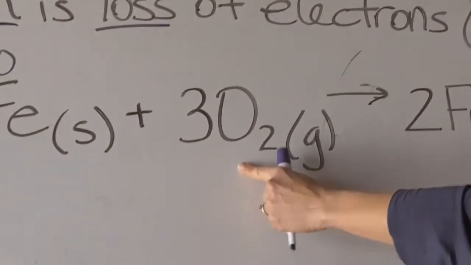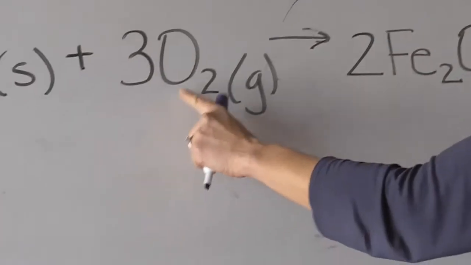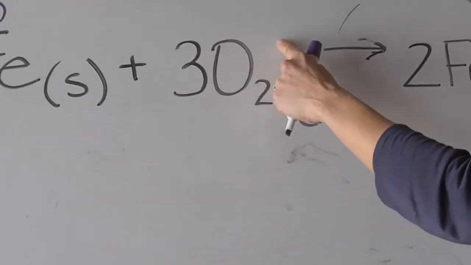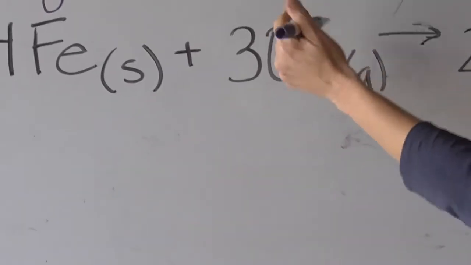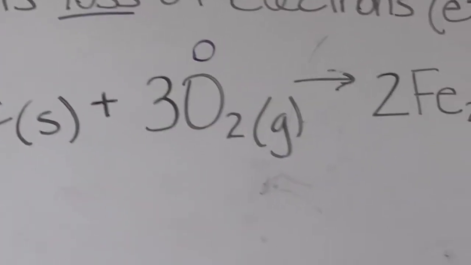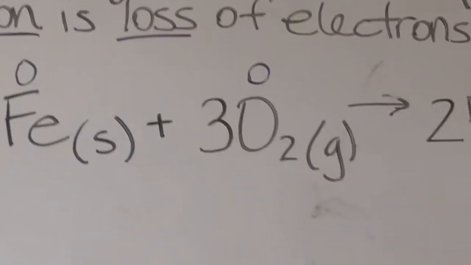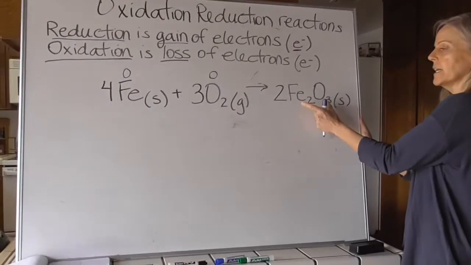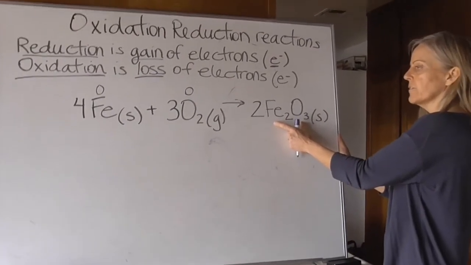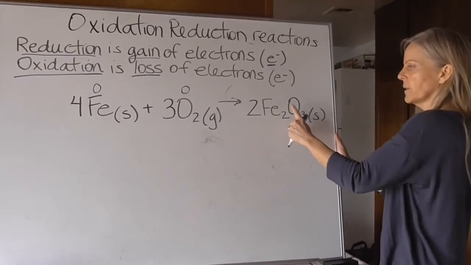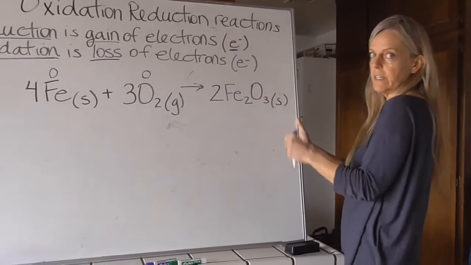The next reactant is the oxygen atoms that are in O2. So each one of those oxygen atoms that are in there, since there's no charge written up here, has a 0 oxidation number. And then if we come over to our product, it's not that there's an oxidation number for the whole thing. You have to find the oxidation numbers for each one of the individual atoms that are in there.